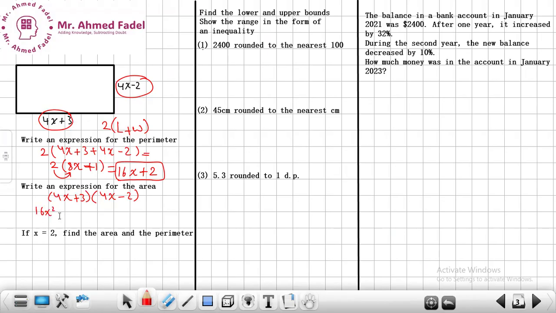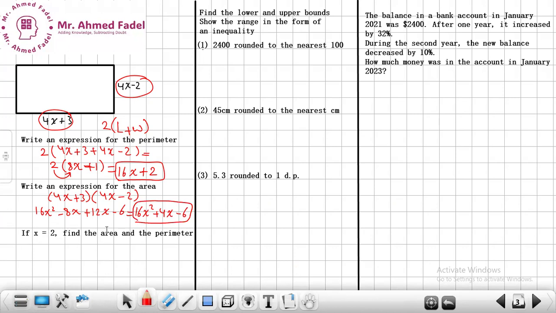First by second, negative 8x. Second by first, positive 12x. Second by second, negative 6. And then to collect like terms, I have 16x squared, negative 8x plus 12x is positive 4x, minus 6. And this is the expression for the area.